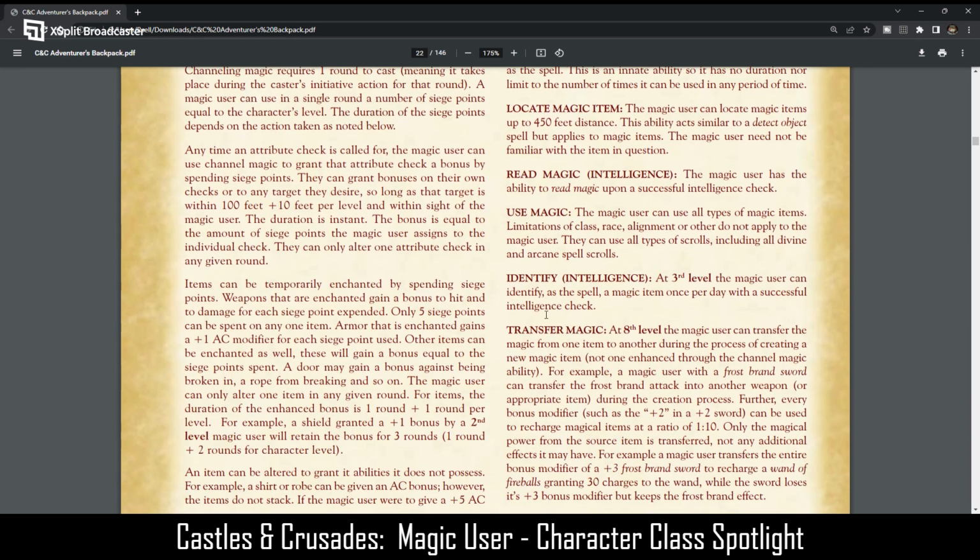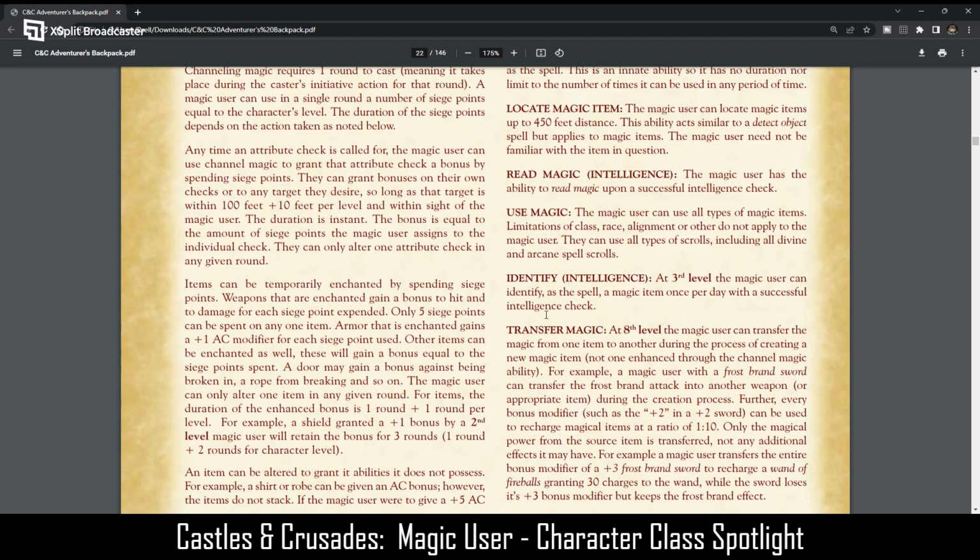Items can be temporarily enchanted by spending siege points. Weapons that are enchanted gain a bonus to hit and to damage for each siege point expended. Only 5 siege points can be spent on any one item. Armor that is enchanted gains a +1 AC modifier for each siege point used.